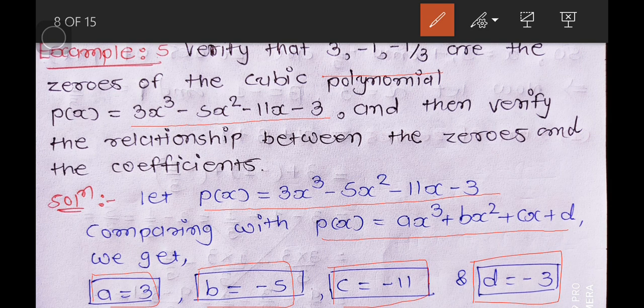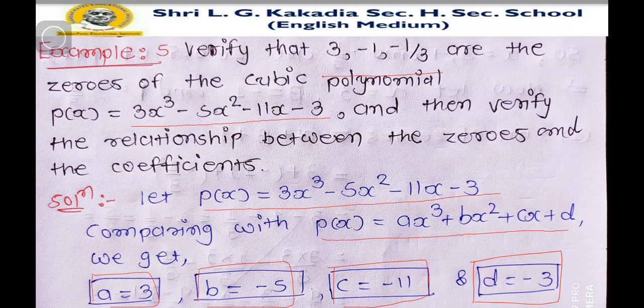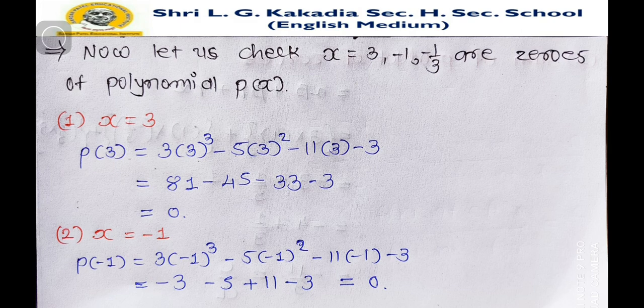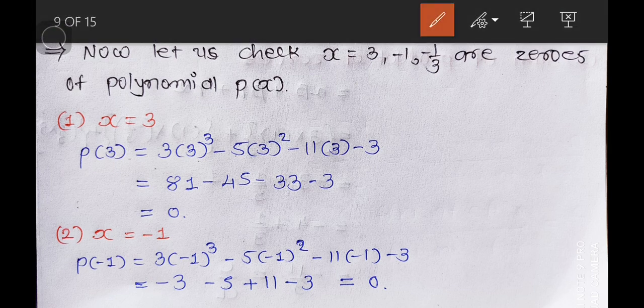So whenever you compare with standard form, then you have to also look at sign of term. Now let me verify that 3, minus 1 and minus 1 by 3 are zeros of polynomial. How can we check this? By replacing the value of x in p of x.